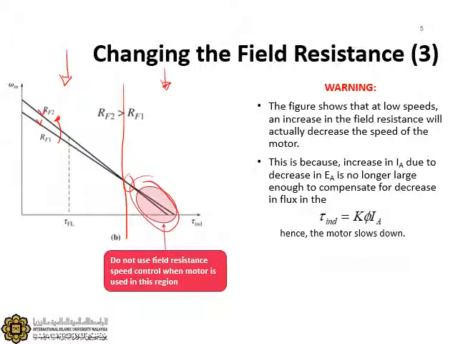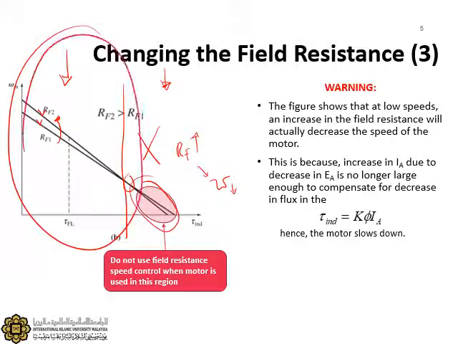When RF is increased, the speed is actually lower. Okay, so this is something that we need to watch out for when we design speed control by using this technique. Yeah. So we want to avoid this from happening. We don't want the motor to run in this region. Yeah. So we want to keep the motor running in this region.